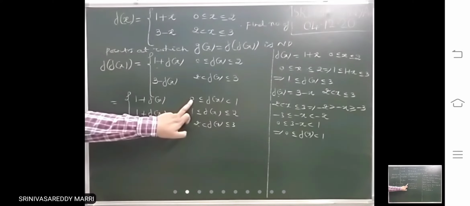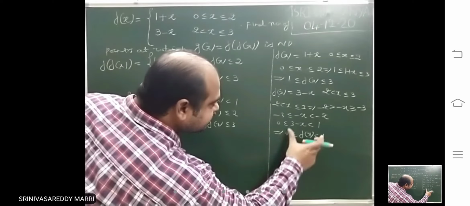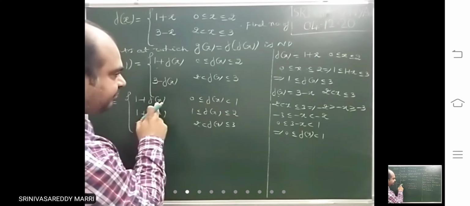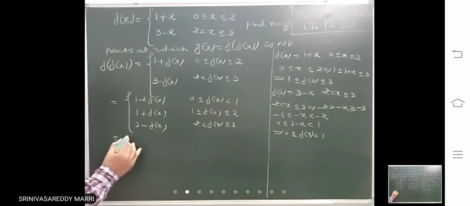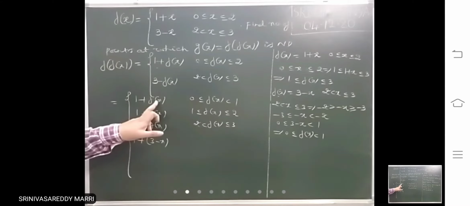Now, if f of x lies between 0 and 1, what is the definition? This is the one, f of x. Right? That means here, in place of f of x, what to write? 3 minus x. That implies 1 plus 3 minus x. f of x in this case is 3 minus x.